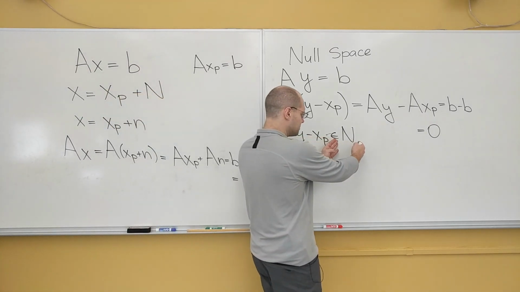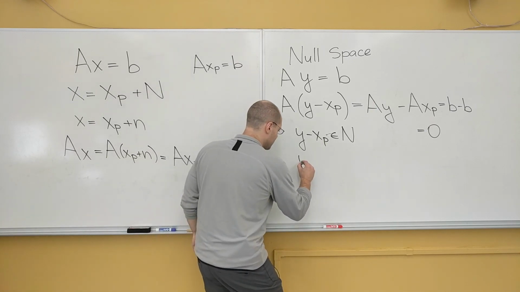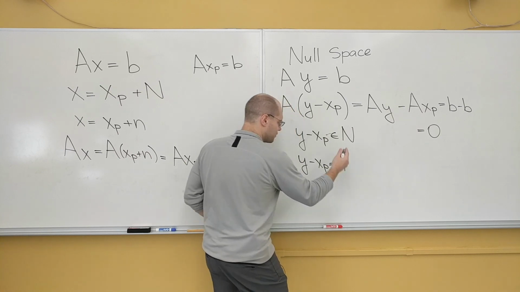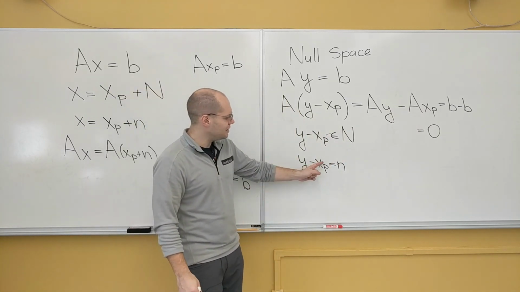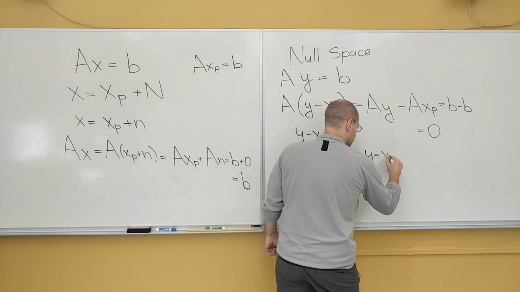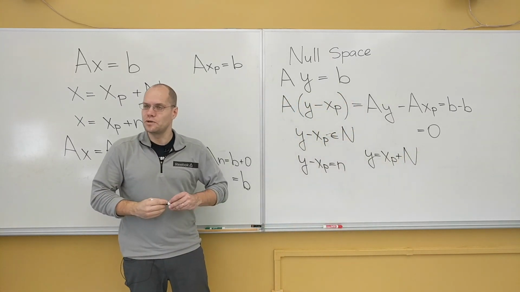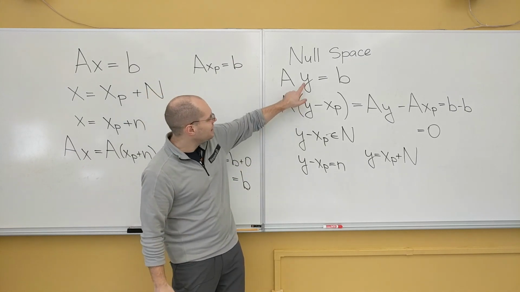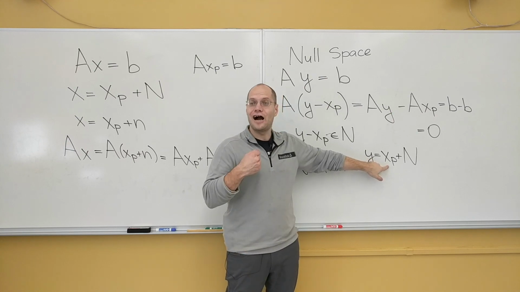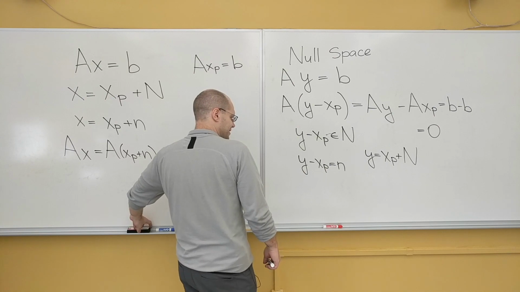So some element in the null space, I'll call it little n. So we have Y minus XP, we just proved, must equal little n from the null space. And so Y equals XP plus n. And so what we proved is that any vector that gets sent to B has the form of our arbitrarily chosen particular solution plus little n.